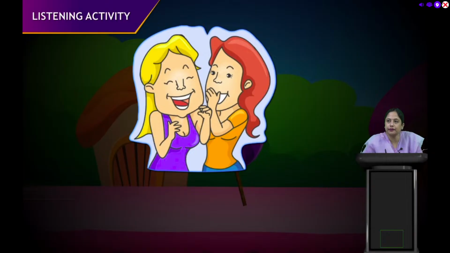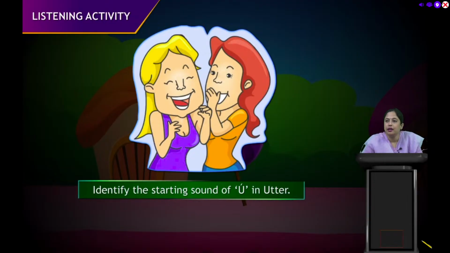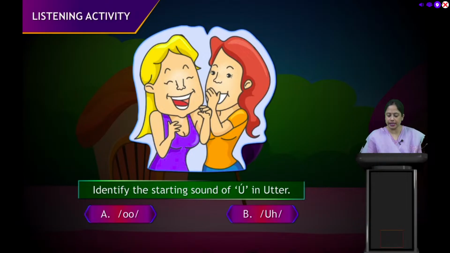Utter. I played it once again for you. Utter. Did you hear it right? Identify the starting sound of U in this word. U-T-T-E-R. This is the word. Which is the sound?